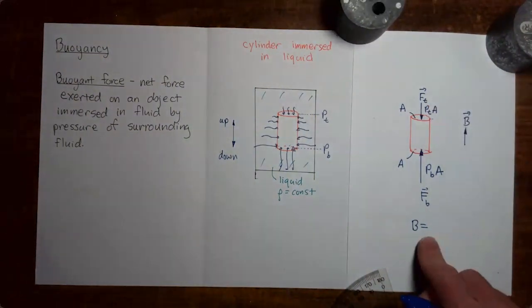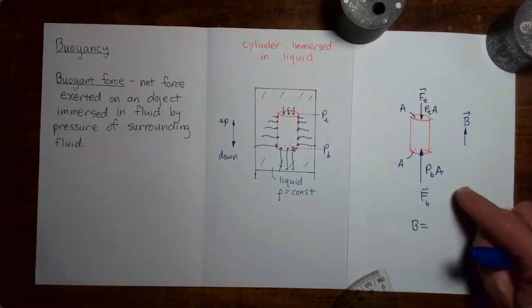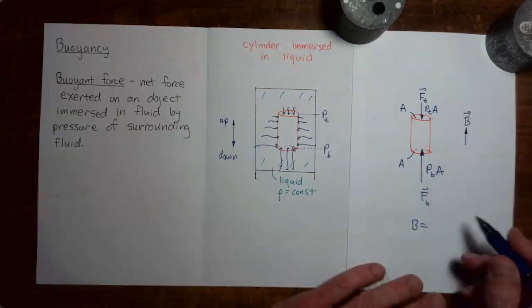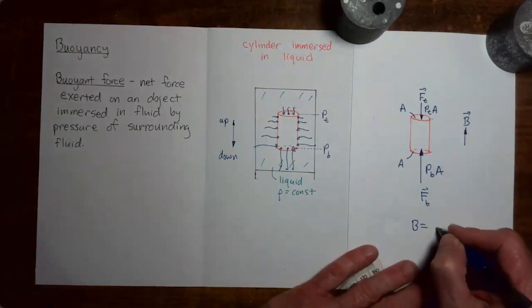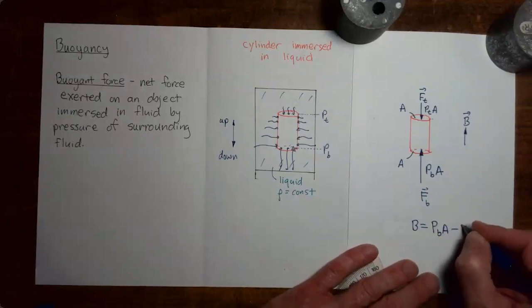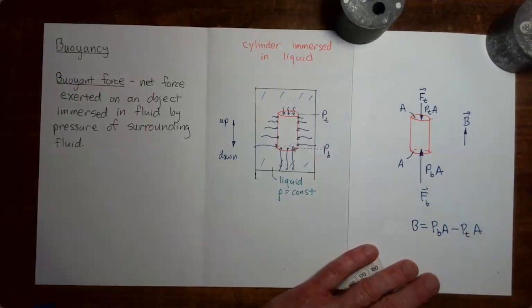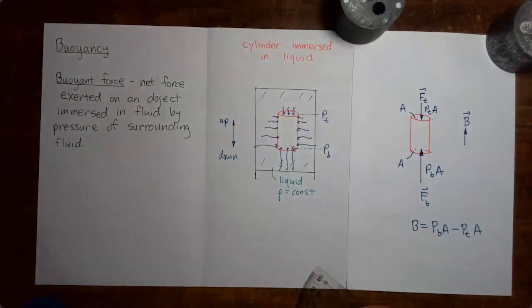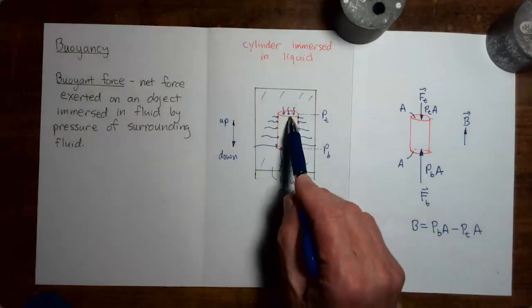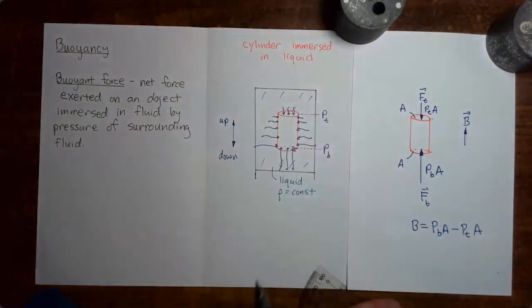So the magnitude of the buoyant force is going to be the difference between the strength of that upward force and the strength of that downward force. In other words, the buoyant force is pressure bottom times area minus pressure top times area. And now we have worked out an expression for the buoyant force on the cylinder completely immersed in the liquid.